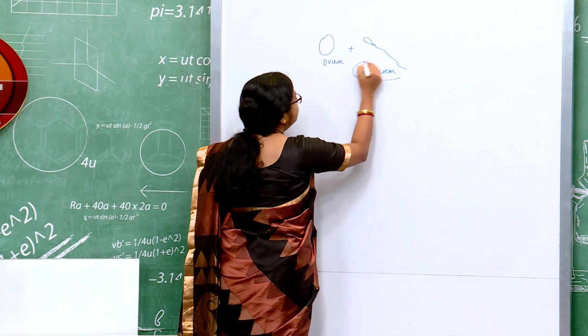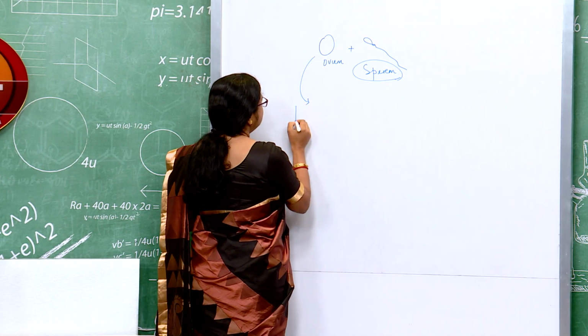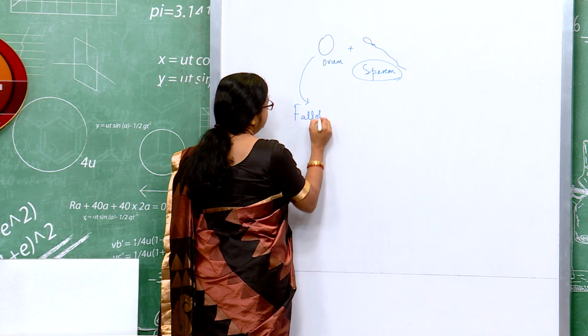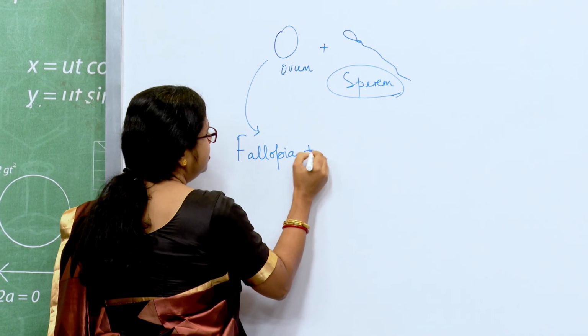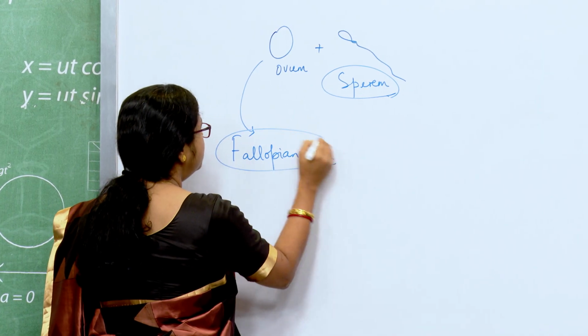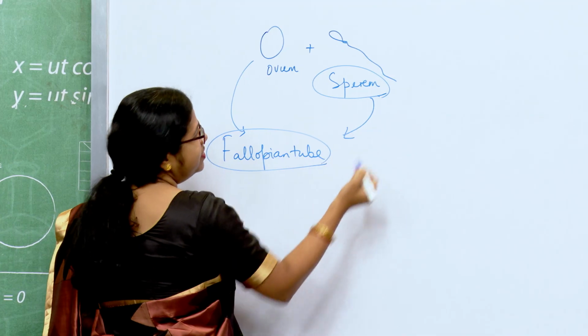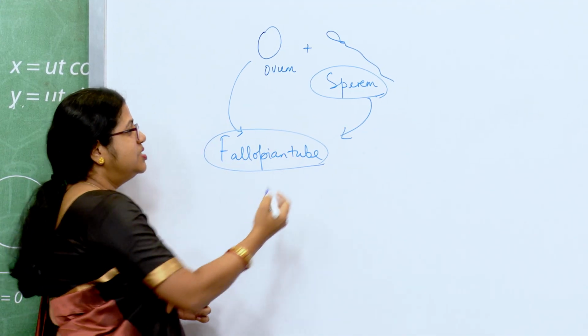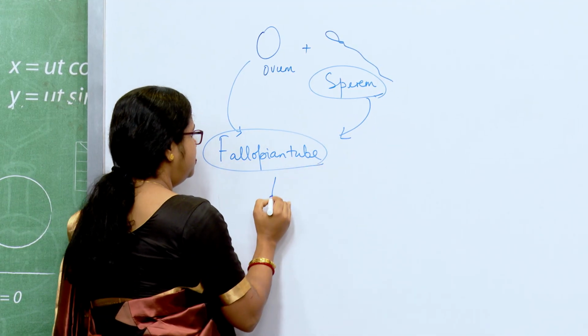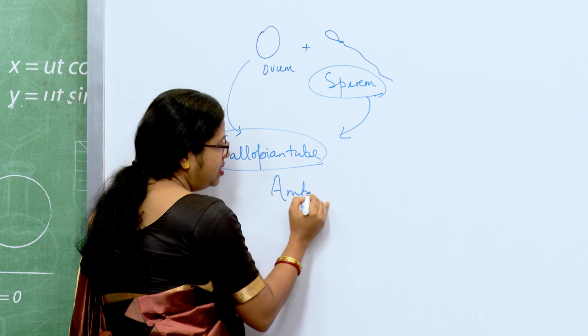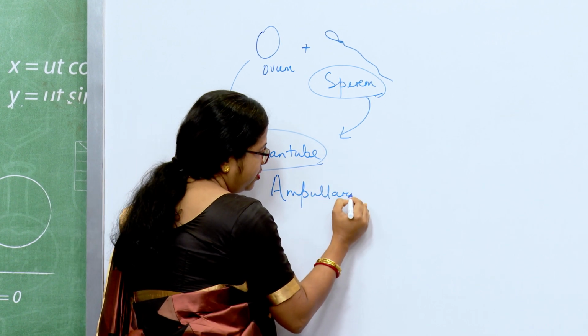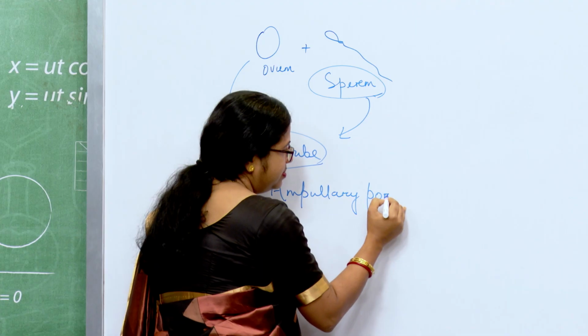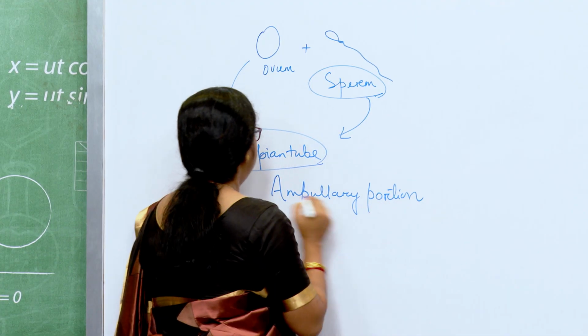Ovum, it was released into the fallopian tube, and in the fallopian tube, through the vagina after the intercourse, the sperm will enter into the fallopian tube, and at the ampullary region or the ampullary portion. In the last class we studied the different parts of the fallopian tube.